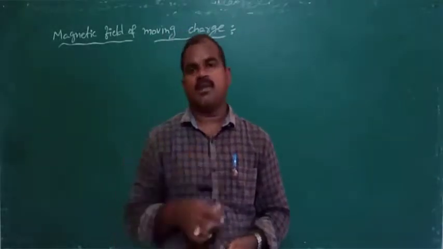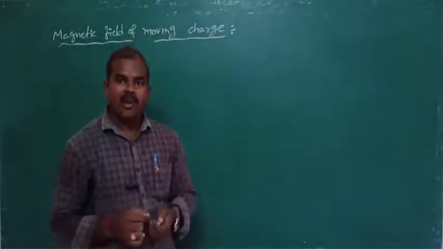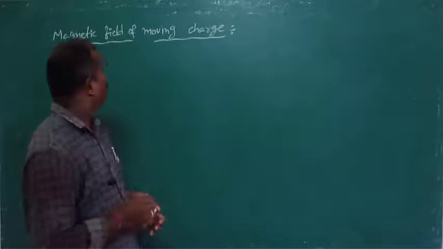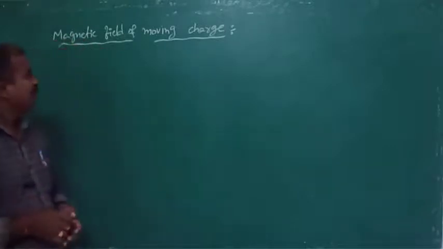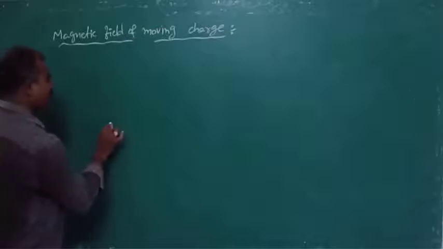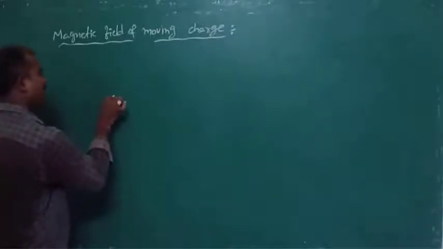The previous class is completed. Now we are discussing the magnetic field due to a moving charge. See here, a charge q is moving in a particular direction with velocity v bar.